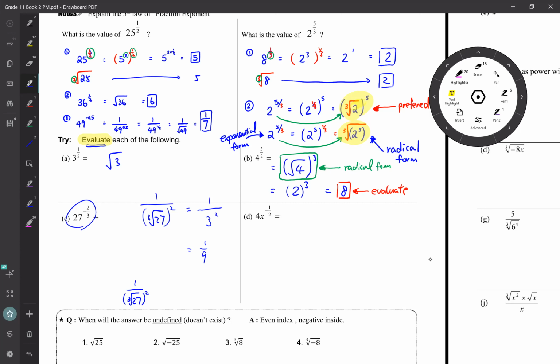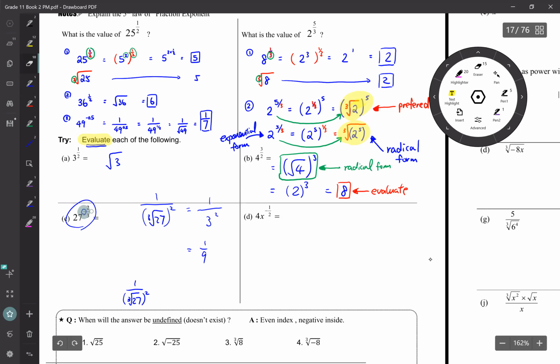Because we learn negative exponent first, usually the way I would do it is I take care of the negative before I worry about the root, the radicals. So I will flip it in the first step, because it carries a negative exponent.